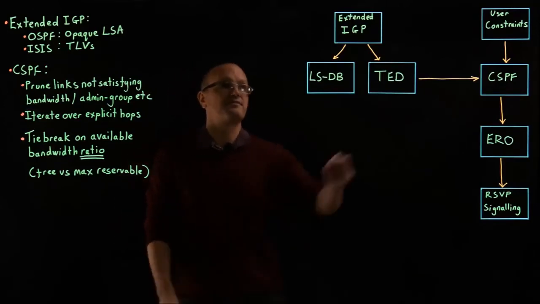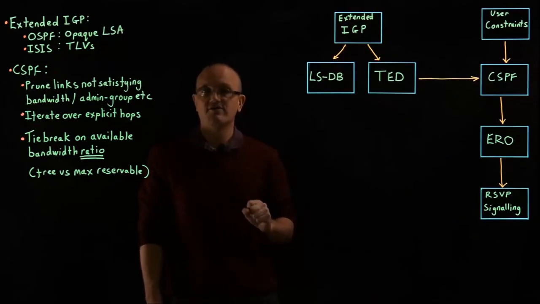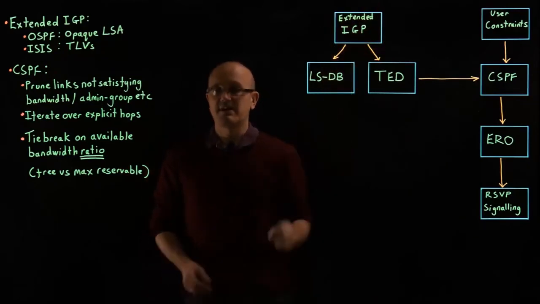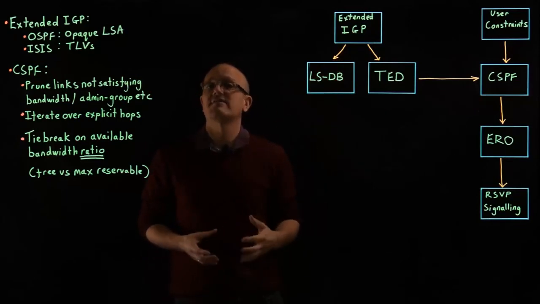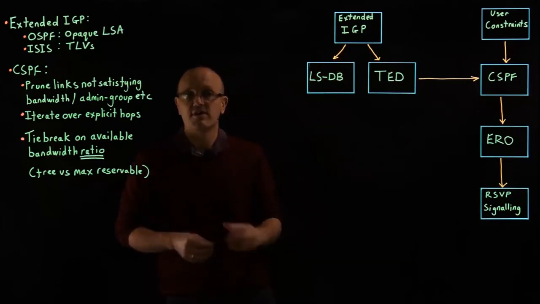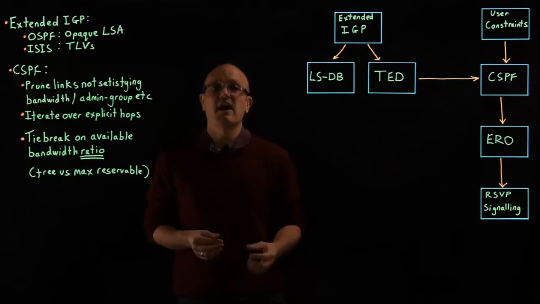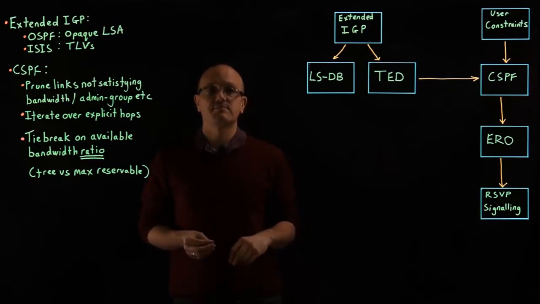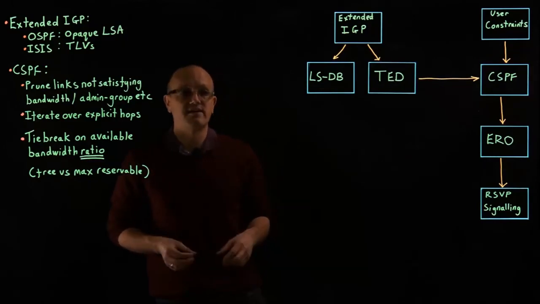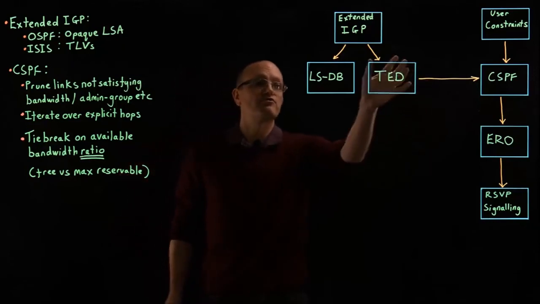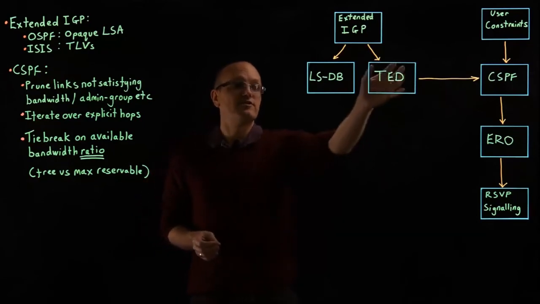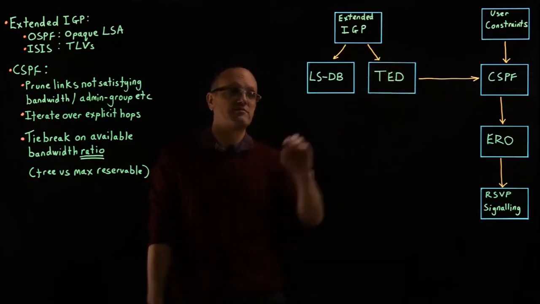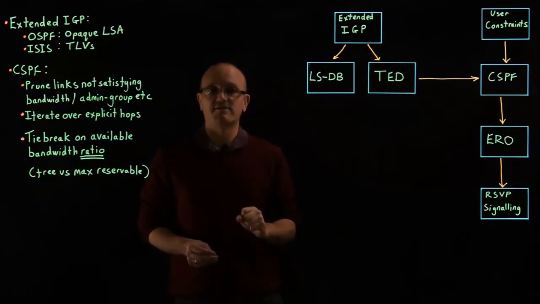So we have this extended IGP. The IGP continues to populate the standard link state database as it always did, with the router-to-router connectivity and link metric information. However, it's also populating a new data structure called the traffic engineering database, and it's pushing the same router-to-router and link metric information into the traffic engineering database.